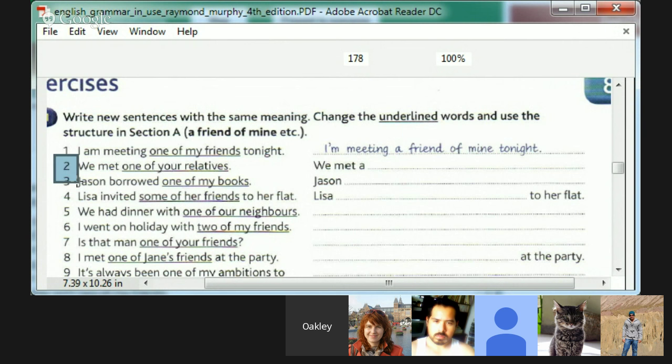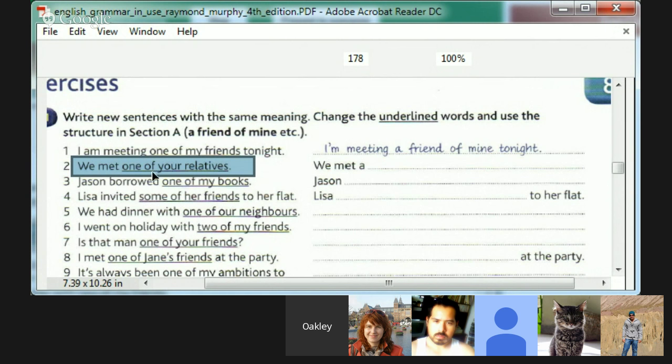Okay, let's try it out. Number 2. Go ahead and read the initial sentence and then change it. Just simply read this one first, please.